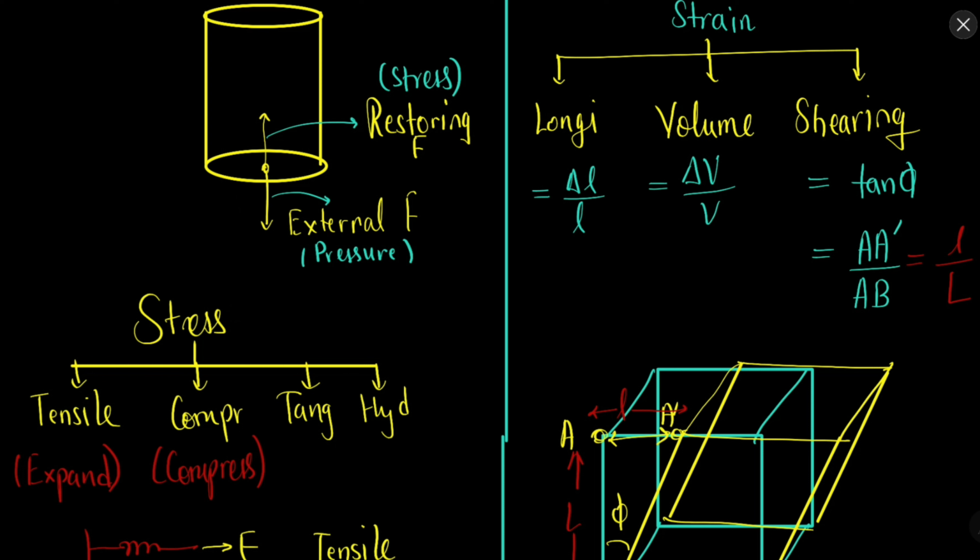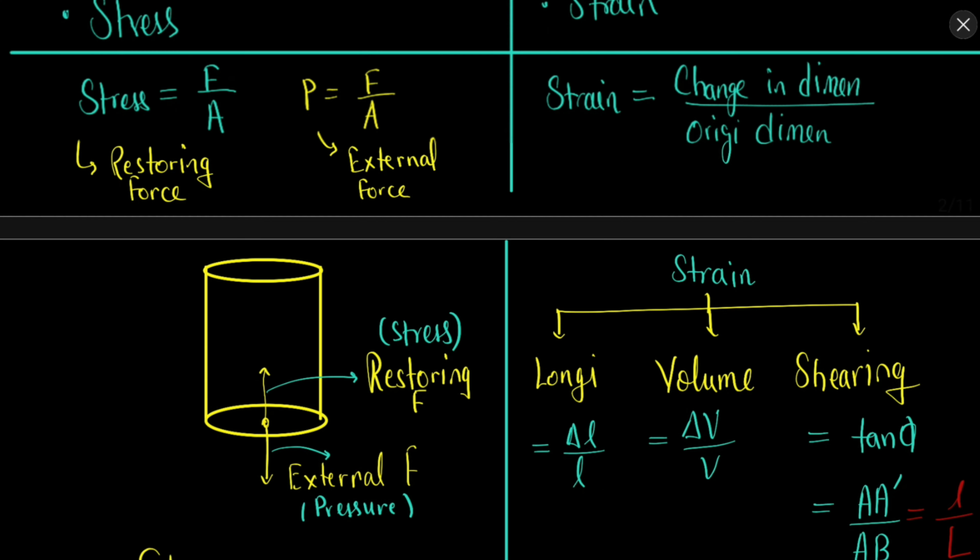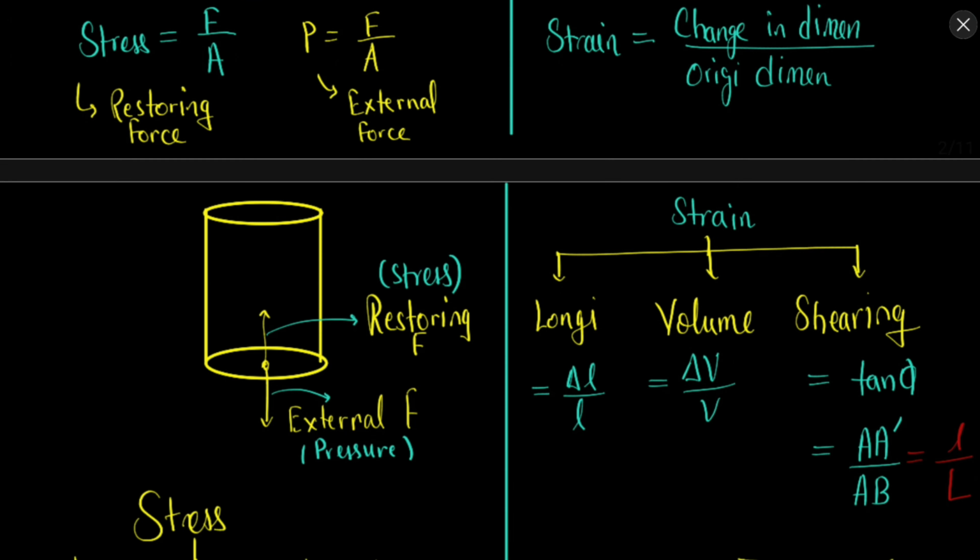It is not easy to change the shape of a solid that easily. So there will be some restoring force acting in the opposite direction from the applied external force. That restoring force gives us the concept of stress. The restoring force per unit area is called the stress.